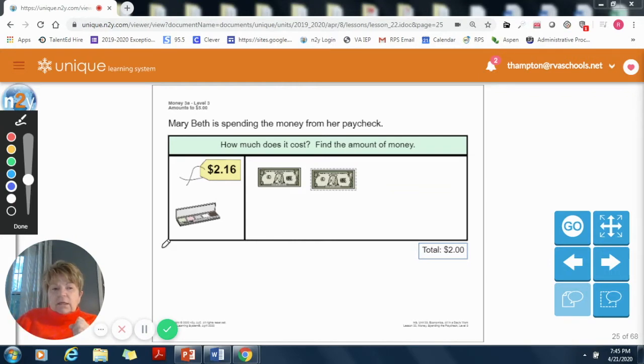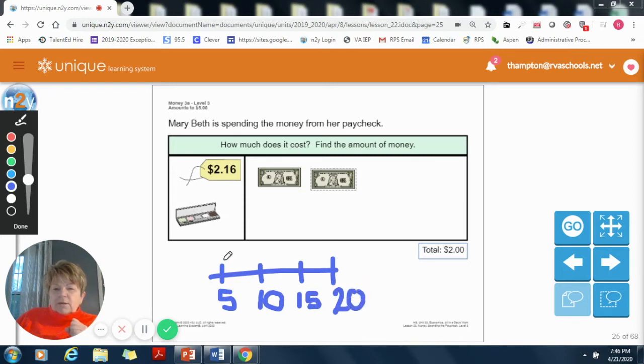Anything else we could count by before we go over 16? Probably not. So let's look at a number line. And if we have 5, 10, 15, and if we go one more, what are we counting by here? Nickels.